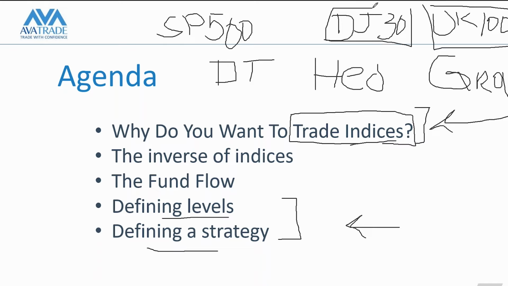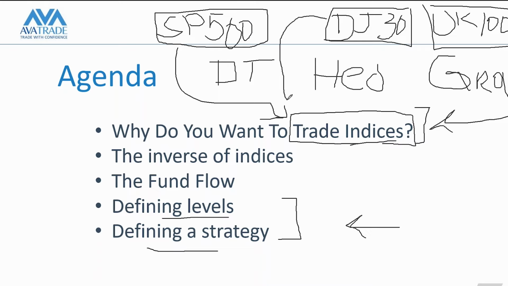So if you don't have too much money to put in all the 500 companies, what you can do is just buy an index. And when you buy an index, you get an exposure for everything within that.